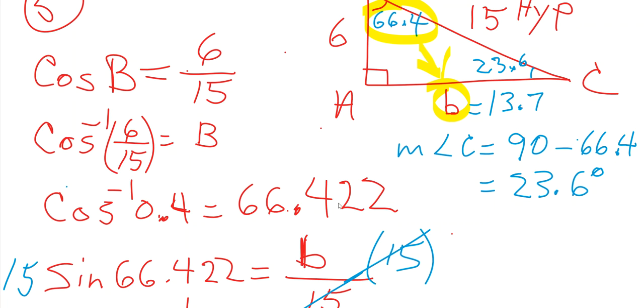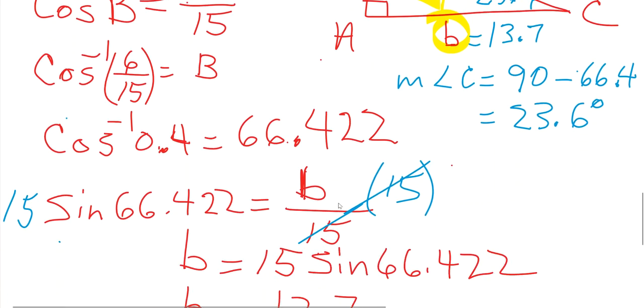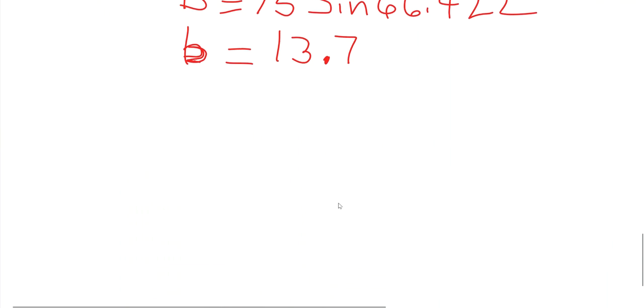So we've got all three sides and all three angles. The triangle is solved. That was example number 5. Maybe one more. Let's see if we can do example number 6.